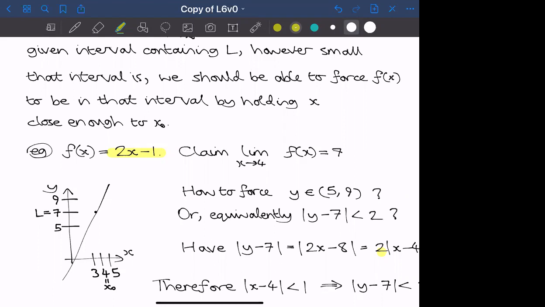But let's start to see why it's true. So L for us is 7, this point on the vertical axis. And the idea is if I choose an interval containing 7, then I can force the value to be in that interval by asking for x to be close to x0. x0 is down here and it's 4.